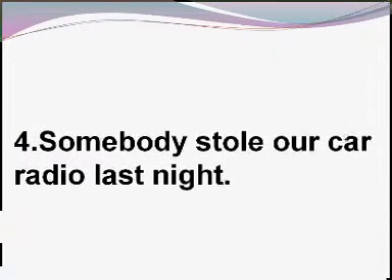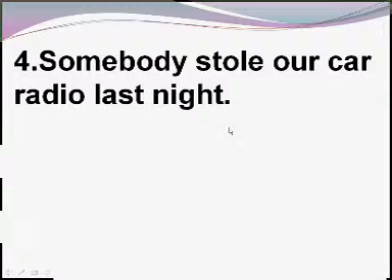Another one. Somebody stole our car radio last night. Where is the object? Very good. Our car radio. So we should start with that. And remember we have a past simple tense. So what should we do? We use either was or were, then we add the past participle.